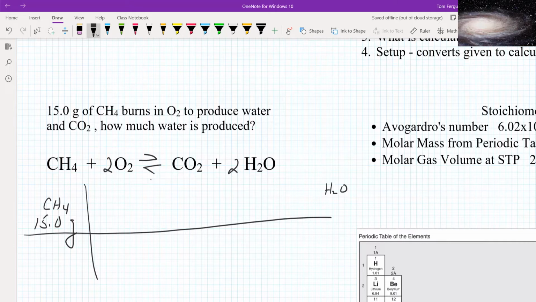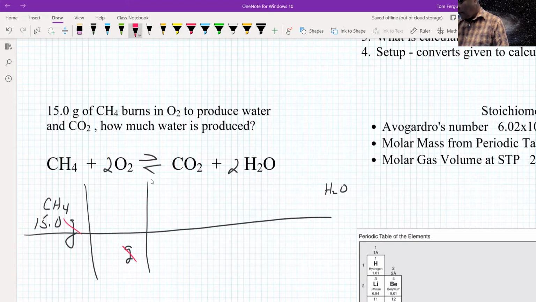Okay, so if we're starting with grams, what do we have to do? Yeah, we want to convert it to moles, so then we can use the balanced equation to figure out the ratio. Okay, so the molar mass, we need to convert it to moles. And notice we want the grams to cancel, and mole will be on top. Okay, so we need the molar mass for methane.